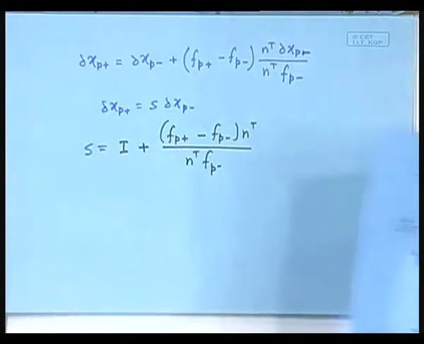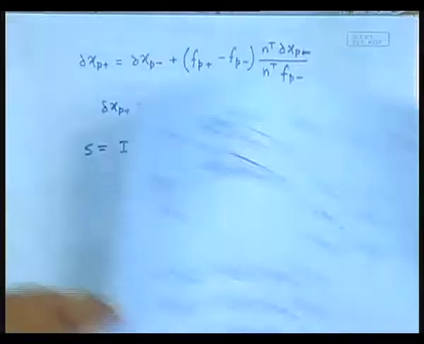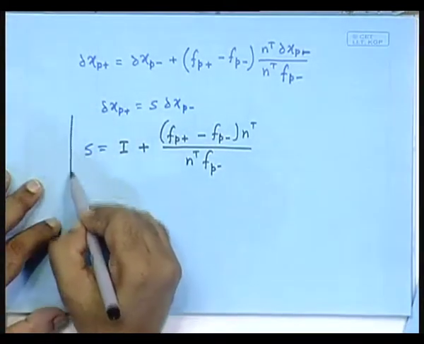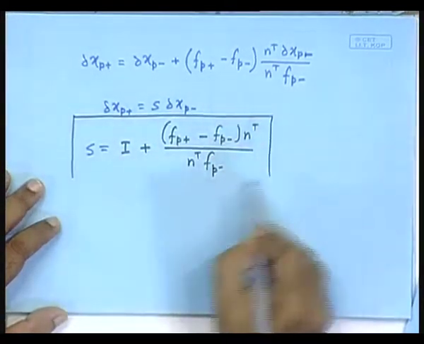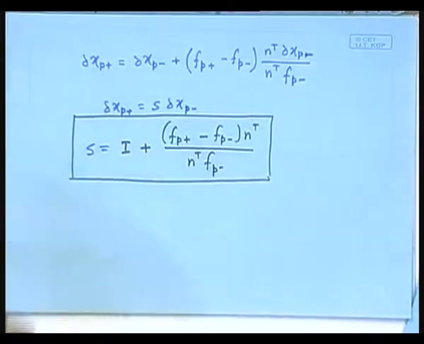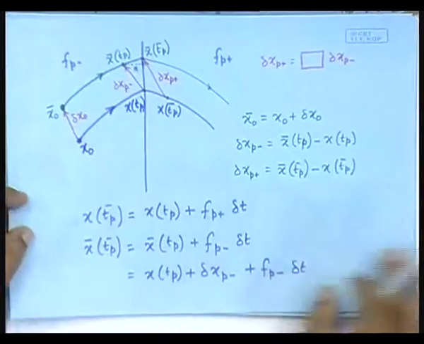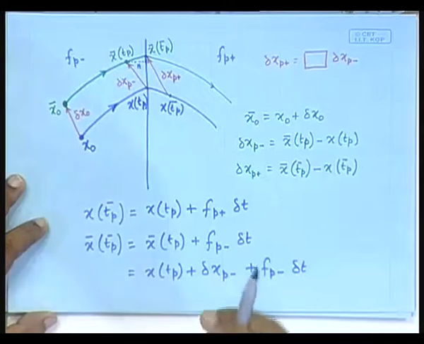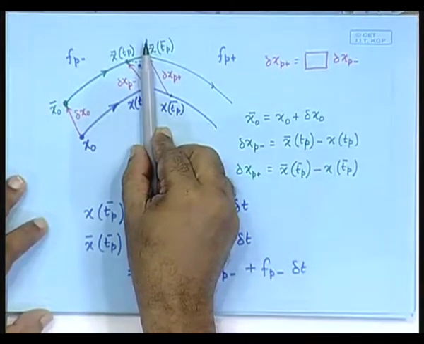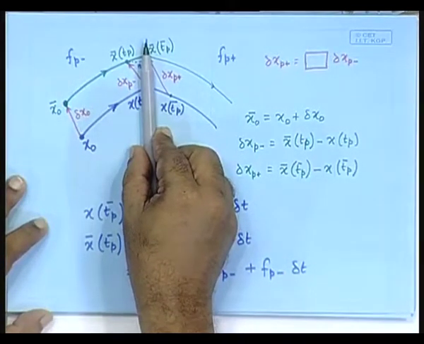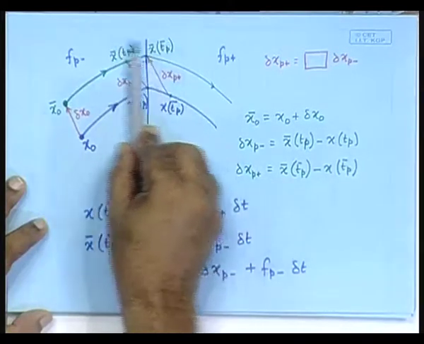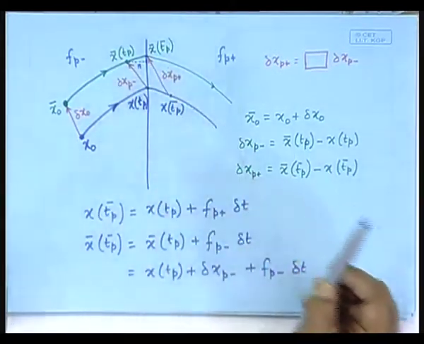Now, in deriving this, so this is important, keep this in mind. In deriving this, we had assumed that this surface is static. We did not assume any movement of the surface, but in general it can move.